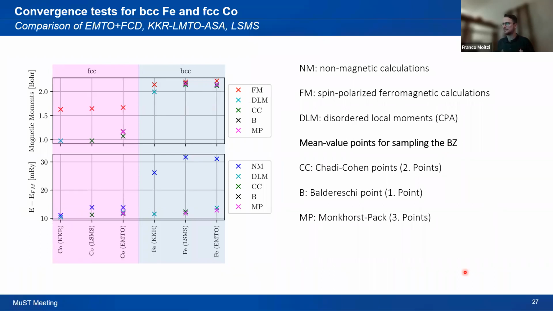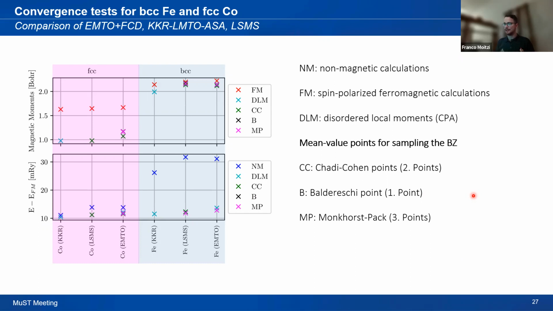The first one is just the mean value point, the Baldereschi point. For the second one, I took the 2 Chadi-Cohen points for BCC and FCC. And in the third case, I really took a Monkhorst-Pack scheme to get the corresponding k vectors.